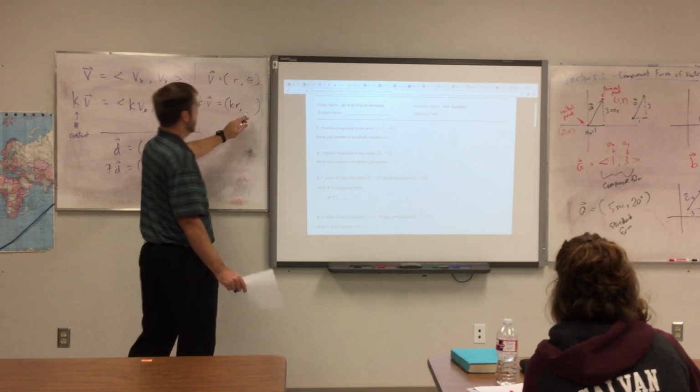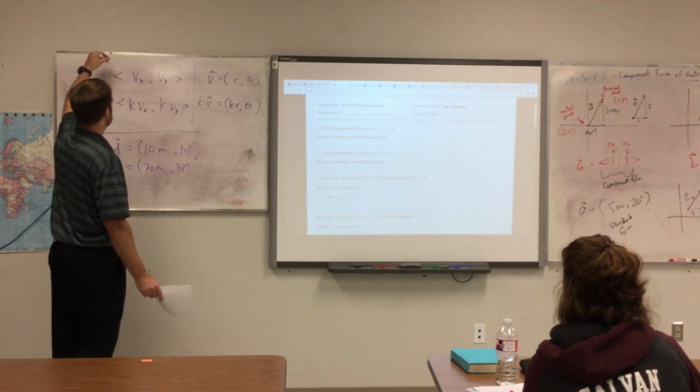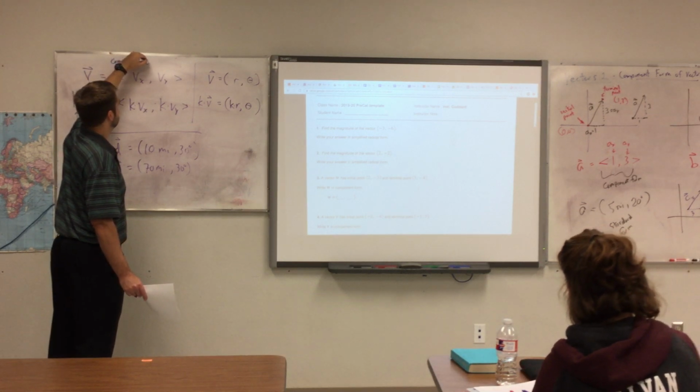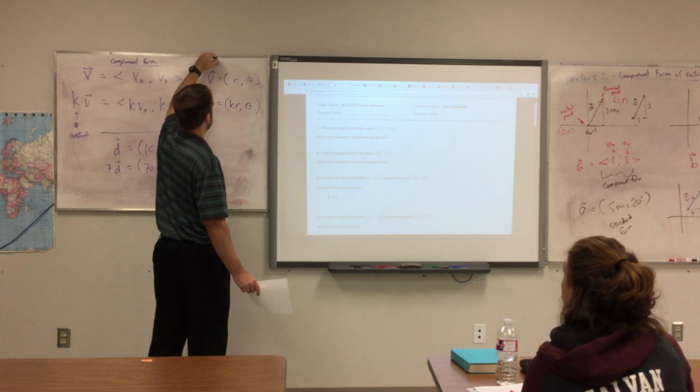K times r, just theta, exactly. So this is multiplication when you have component form. This is vector multiplication when you are in standard form.